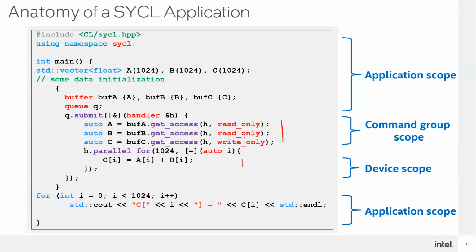And there are limitations on the C++ standard features which you can use inside device scope. So you should be careful with what you are using in the device scope part. For example, dynamic polymorphism is not allowed here, while static is allowed. Templates can be used, but raising exceptions is not allowed inside the device code. So again, this code is not fully C++17 conformant in the device scope.